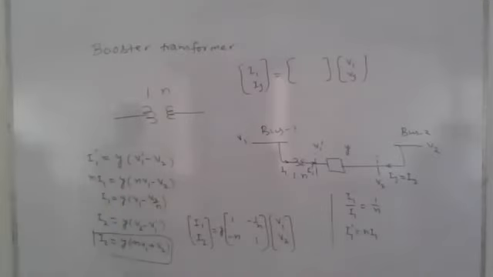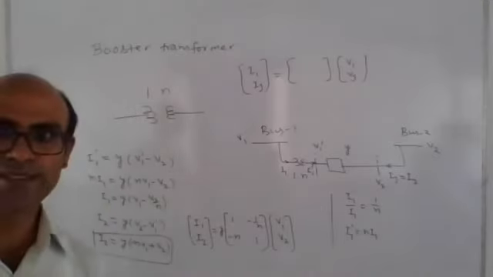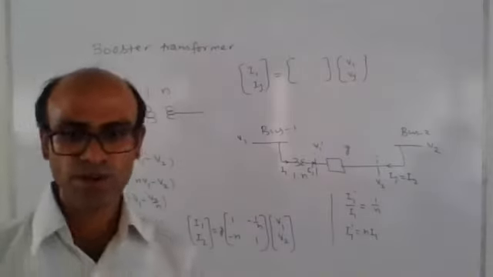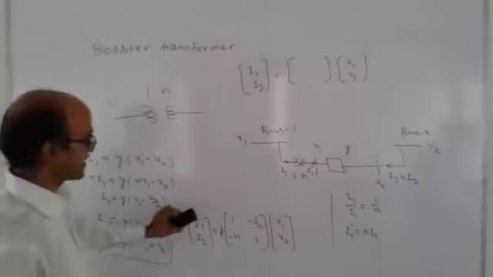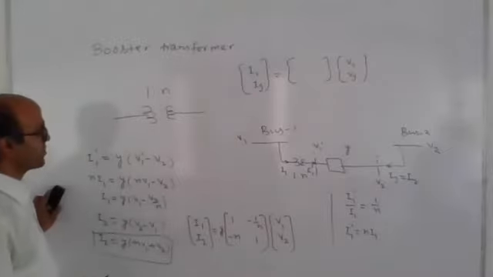So this question I have solved in Power System 2. Okay, so you can watch that on YouTube. Right. So our objective is different. Okay? This is just an exercise, how to find the parameters.